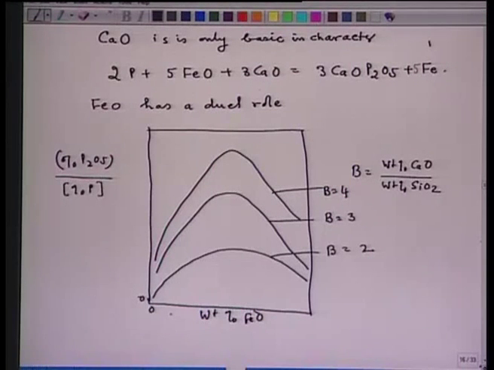If we consider, for example, the nature of variation for basicity equal to 4, as we increase the weight percent of FeO, there is an initial increase of dephosphorization up to a certain optimum value of FeO, and then it further decreases after reaching the optimum value with the increase in the FeO content of the slag. Now, the initial increase is because of the oxidizing effect of FeO.